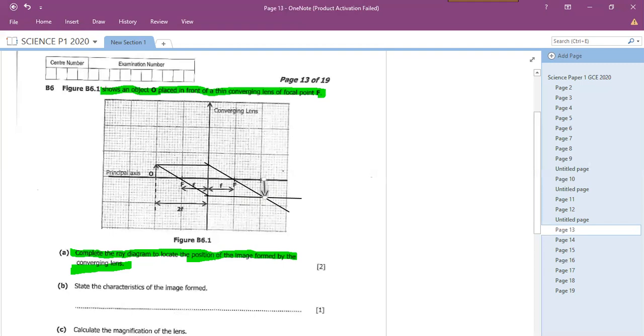Okay, something like that. So this right here that we've drawn is the image of the object. So the image of the object is right there. And as you can see, this image that has been formed is actually inverted.